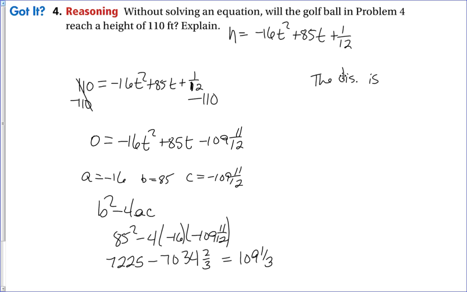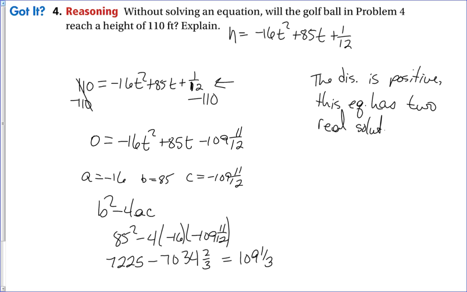Since the discriminant is positive, this equation has two real solutions. And since the discriminant is positive and this equation has two real solutions, that means that the golf ball will hit a height of 110 feet.